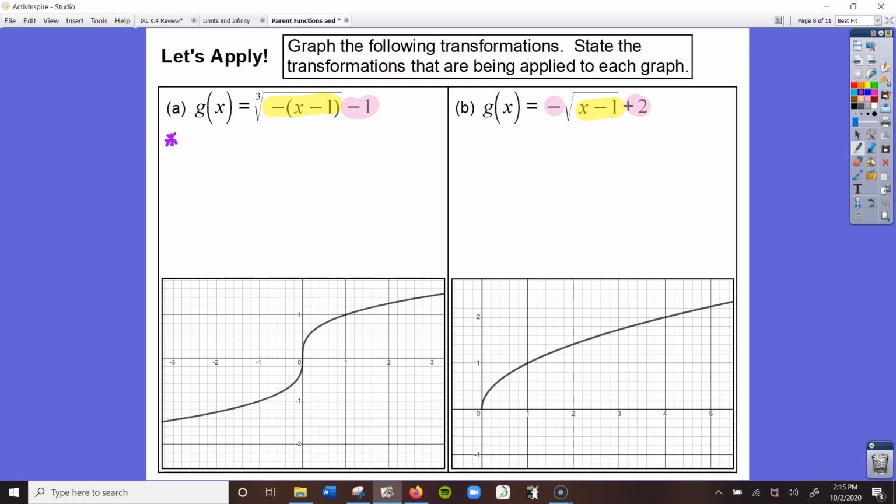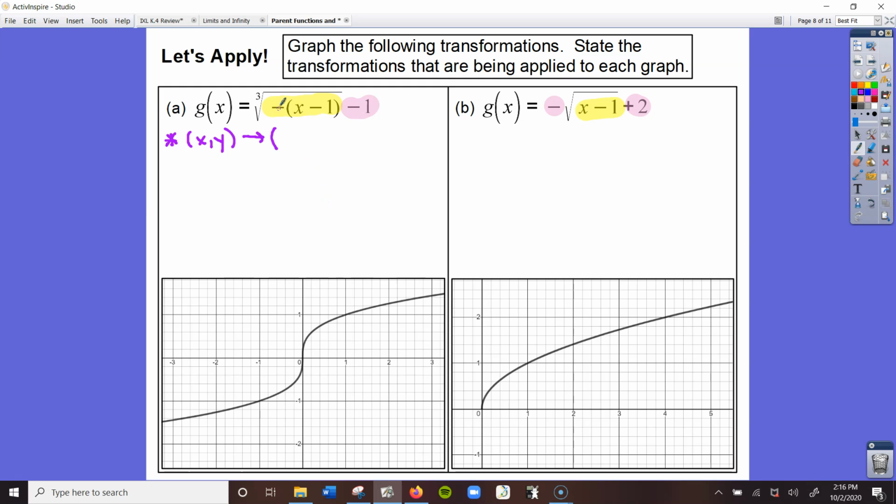So we're going to write our rule since we're doing more than one transformation. Anything that I have in yellow is affecting the x's, and we just read it straight across, right? And like I said, whatever is inside with the x, you have to do the opposite. The only thing that does not change, that's constant, is the negative.